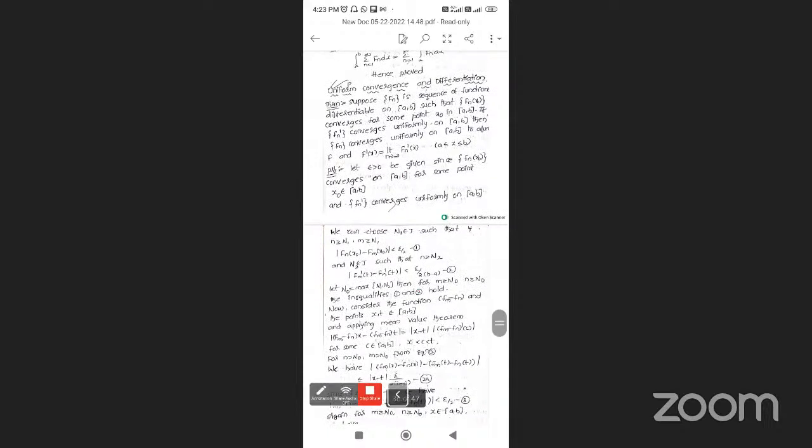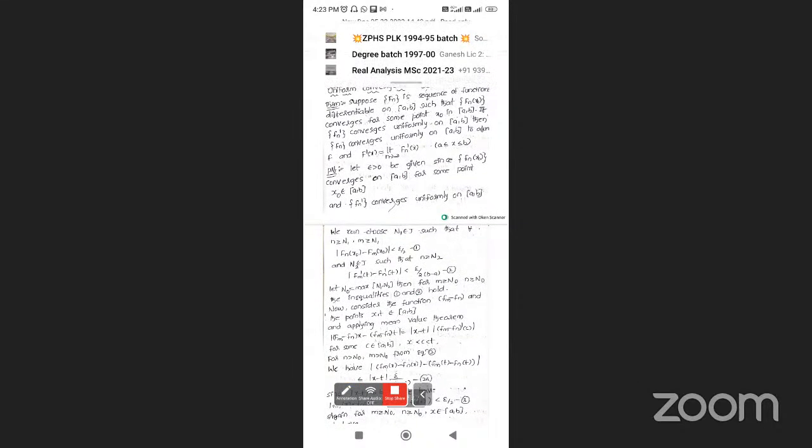This is a theorem, 12.5.2, on page number 199.